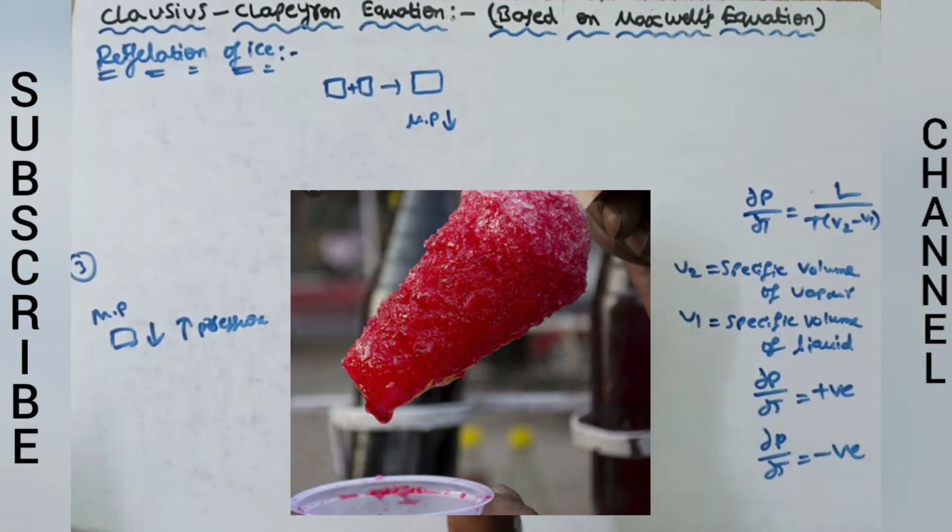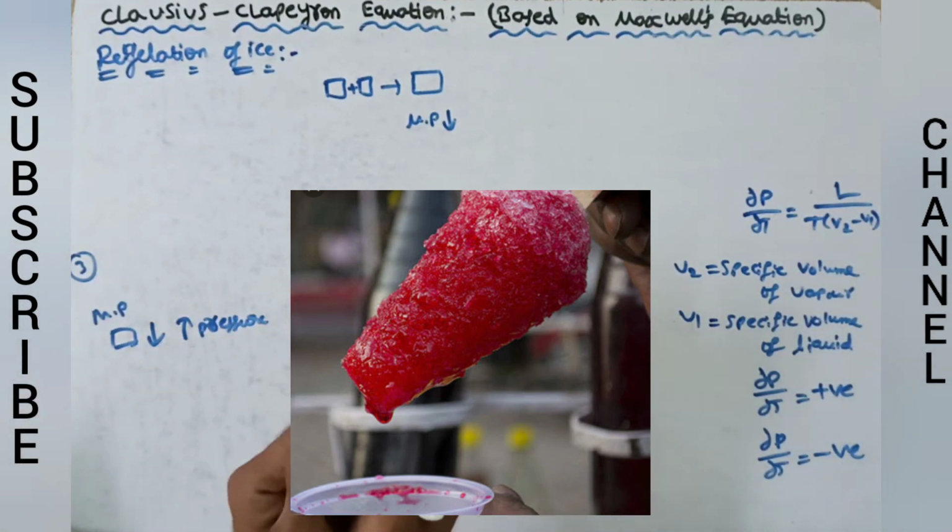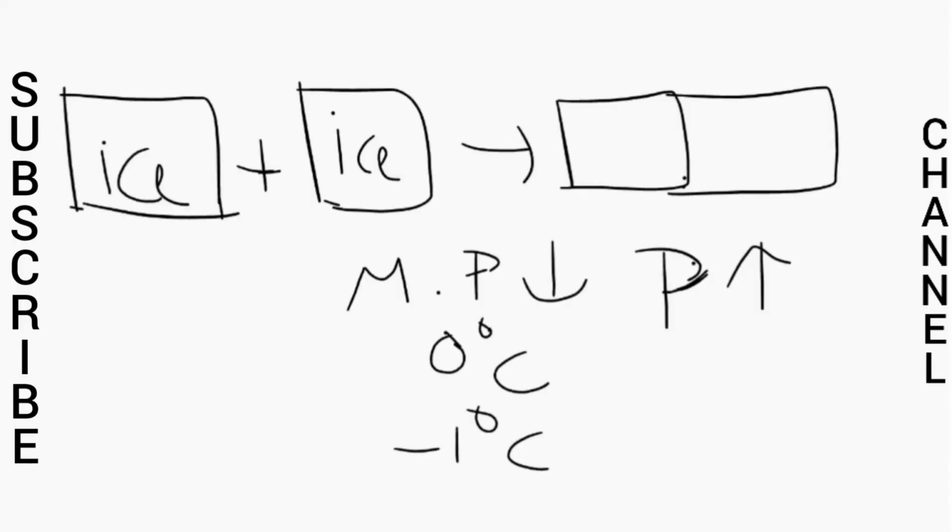We observe in our daily life that by pressing small ice pieces, we can make a single piece of ice. When two pieces of ice are put together and pressure is applied, the melting point decreases.